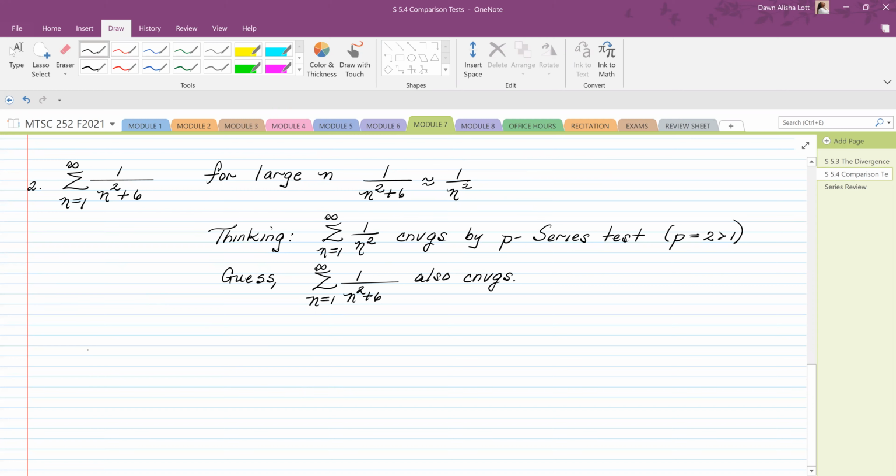Let's start off with n squared plus 6 is bigger than n squared. Therefore 1 over n squared plus 6 is less than 1 over n squared.